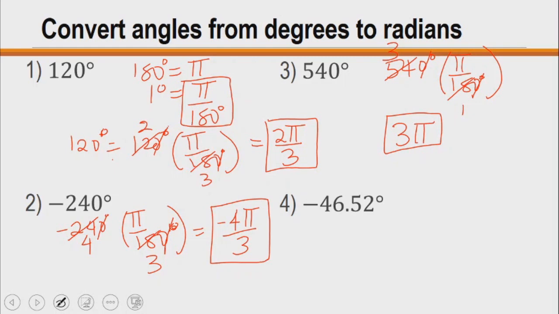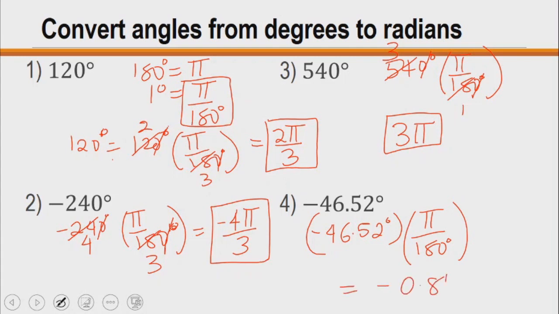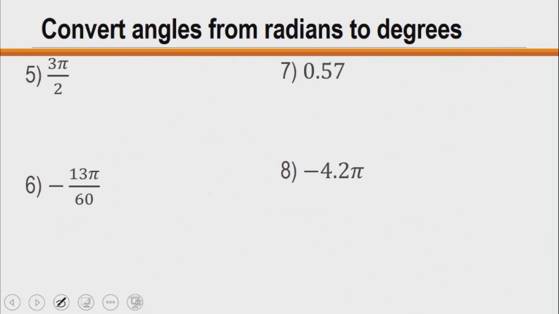So we are just going to multiply negative 46.52 degrees by pi over 180 degrees. For this one you should use your calculator. You are going to get negative 0.812.